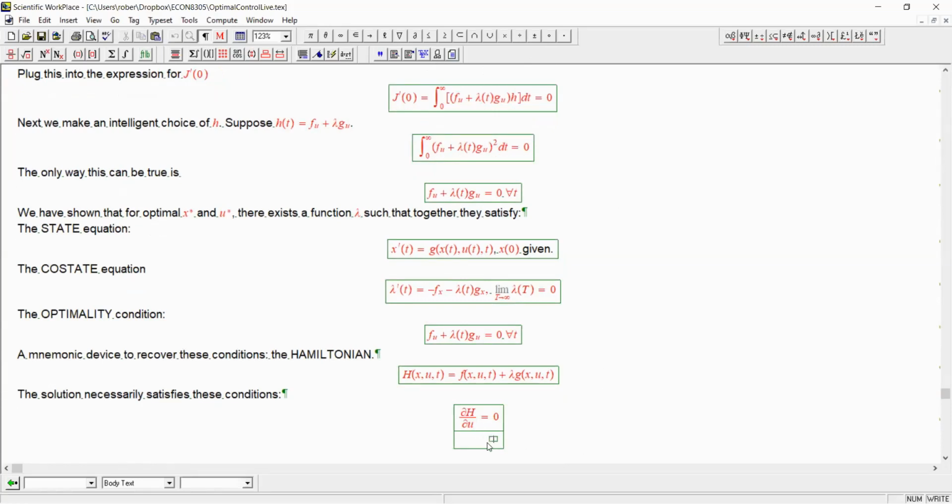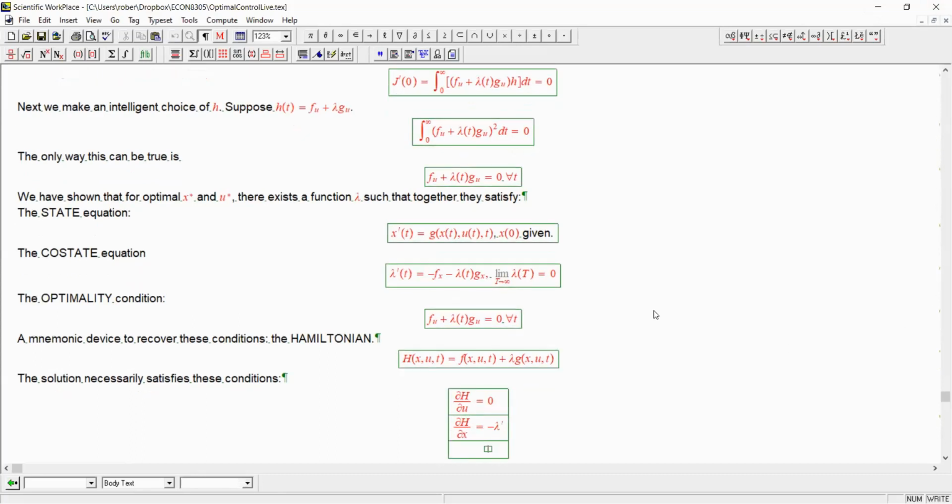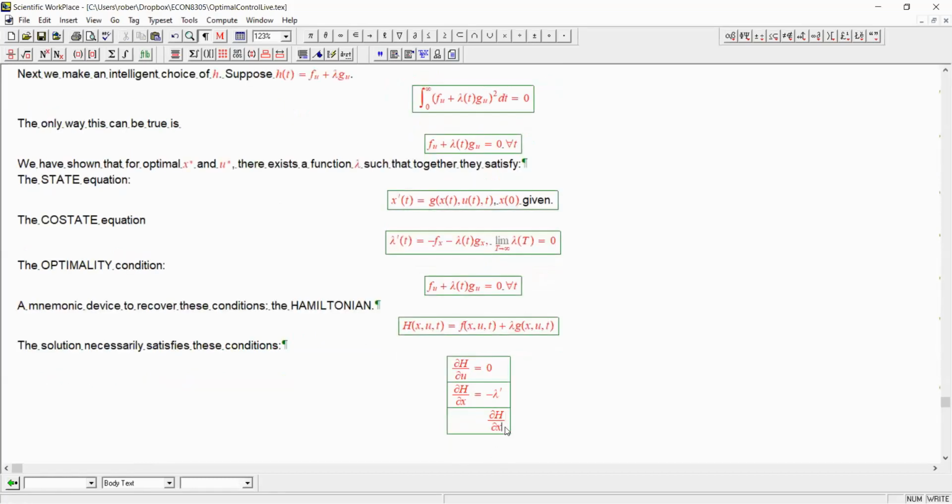Next, we need the derivative of the Hamiltonian with respect to the state variable to equal minus lambda prime. And third, we need the derivative of the Hamiltonian with respect to lambda to equal x prime.